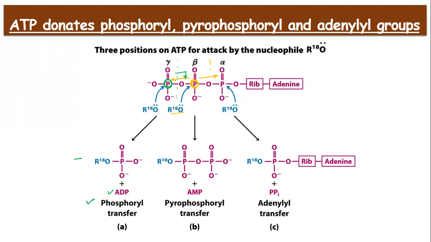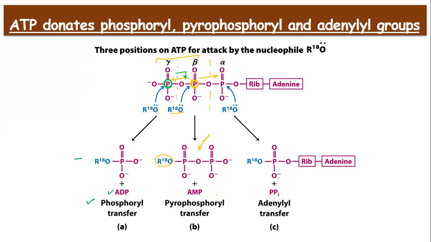So it will break its bond with the alpha phosphate, and because it has not broken its bond with the gamma phosphate, these two phosphates will still be linked, and this beta phosphate will make a bond with the nucleophile. So now two phosphate groups have been transferred to the nucleophile.